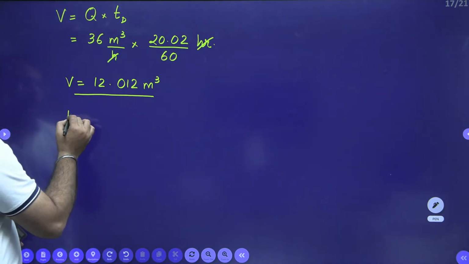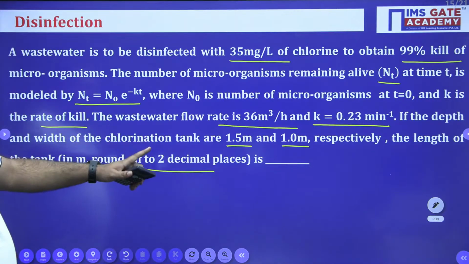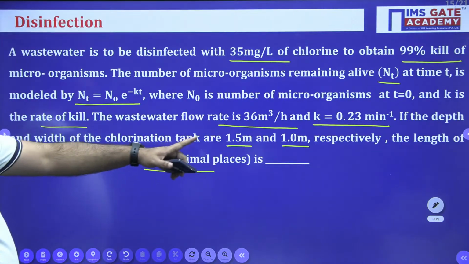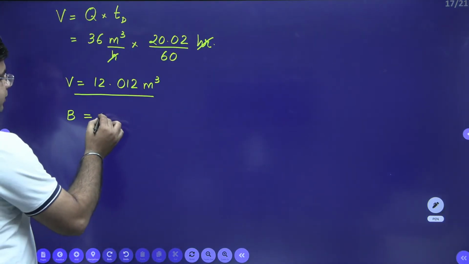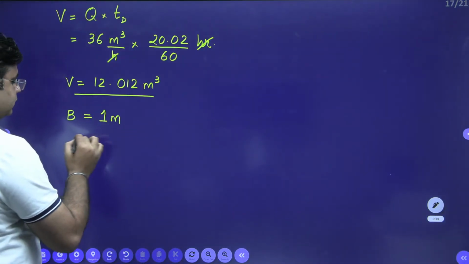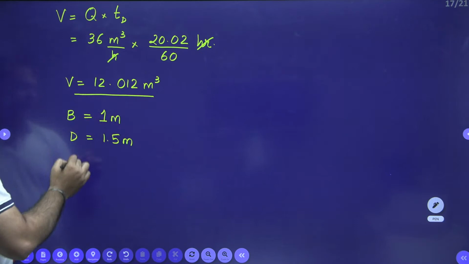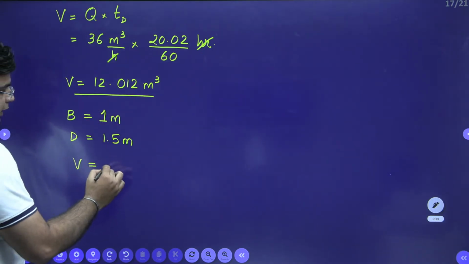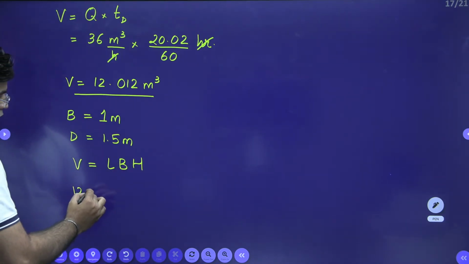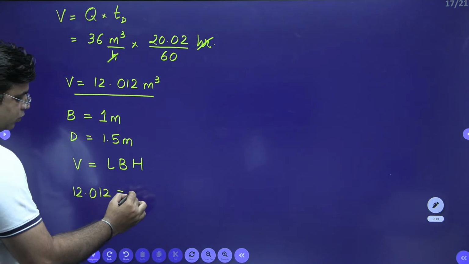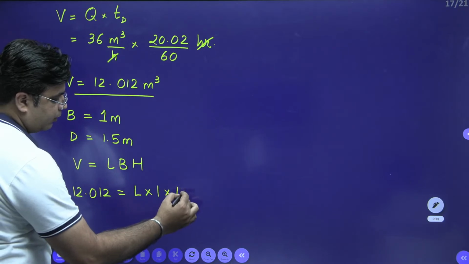Now you know the width of the tank. The width of the tank is 1 meter and the depth of the tank is 1.5 meter. Now using this volume, you can calculate the length. Volume is equal to length into breadth into height. So 12.012 is equal to L multiplied by width 1 into height 1.5.